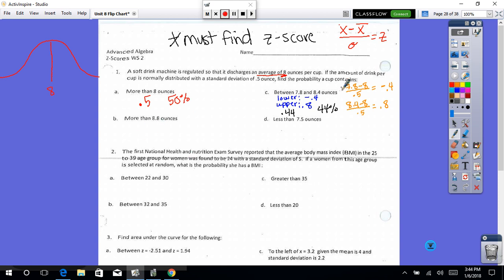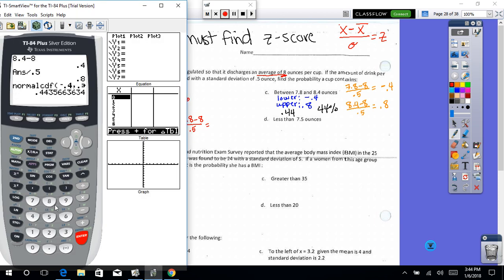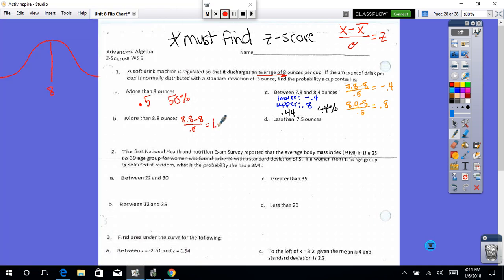Letter B, more than 8.8. So I need to get my z-score: 8.8 minus my average over my standard deviation. That gives me a z-score of 1.6.